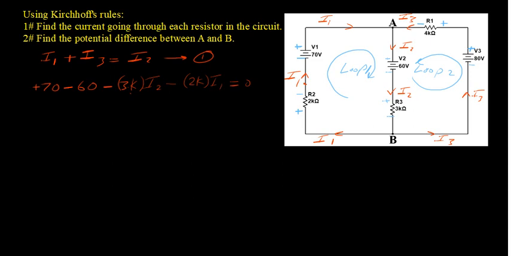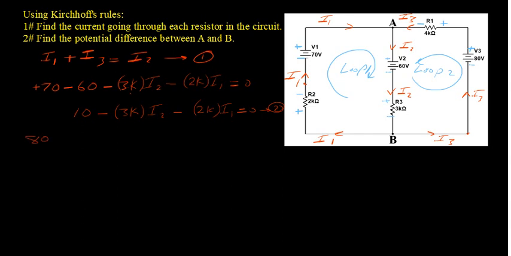After rearranging, it's going to be 10 minus 5 kilo times first current, and that's 0. That's our second equation.